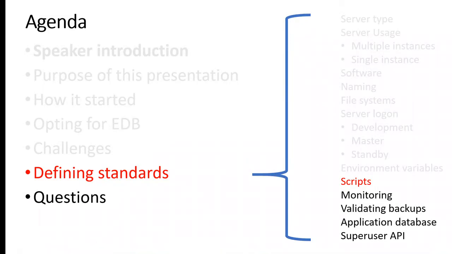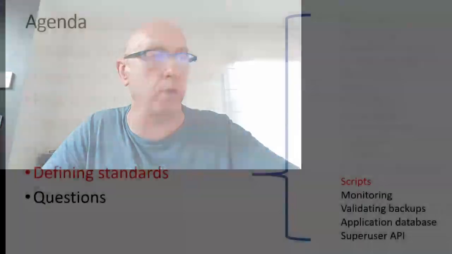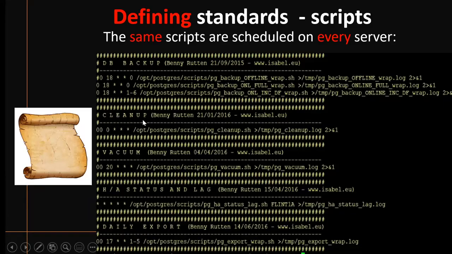Okay, scripts. On every server, we have a number of scripts, of course. If you work as a DBA, you always have backup, cleanup, export scripts. We have the backup scripts, online full, online incremental.